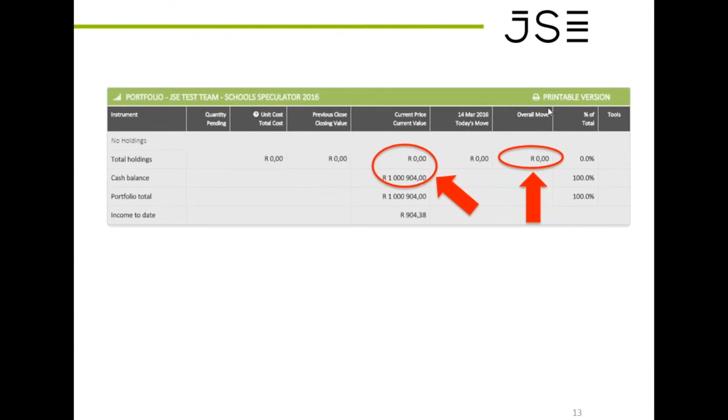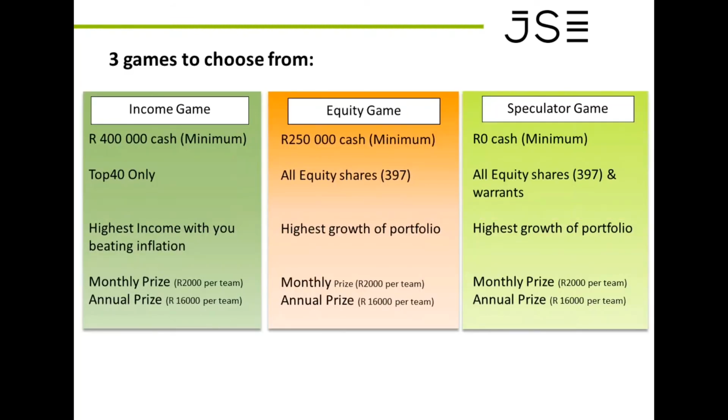And again, the overall move, that column, is where you're making the capital growth and the growth that you want to increase your standing and your scoreboard position. At the end of the day, if yours is the highest after 6 months, you will be the winner of this competition. In summary, if you look at the income game, you need to always keep 400,000 cash.